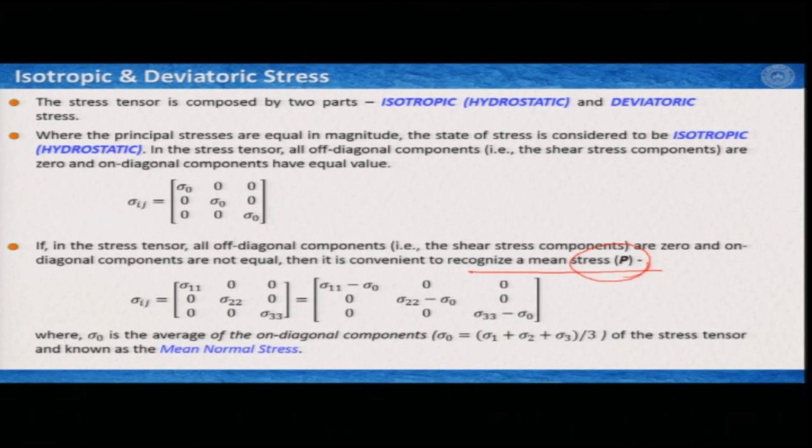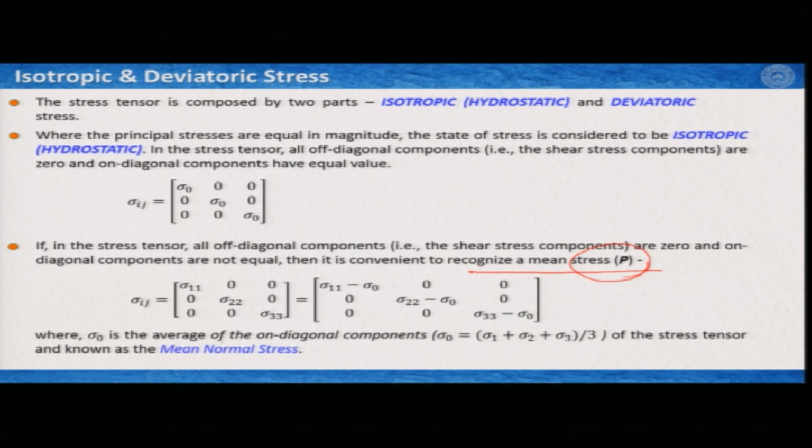A mean stress is the sum of the principal stresses divided by 3, or the average of the on-diagonal components, which gives you the mean normal stress.